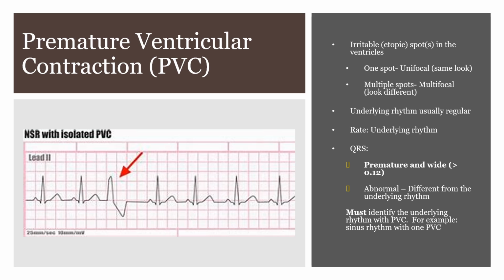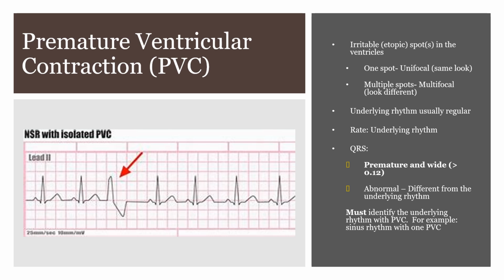So in our strip there where the arrow's pointed, we can see that complex looks very weird compared to all the ones around it. The other ones around it, we can tell that they're a regular rate and a rhythm that is 60 to 100. And if we measured out those PR intervals and their QRSs, we could see that those would be within our norm.